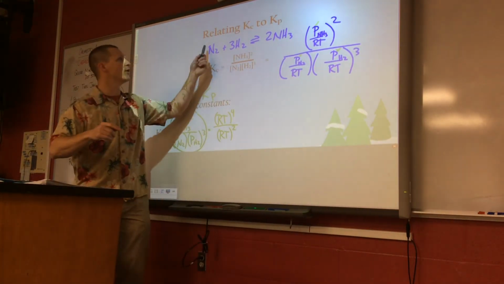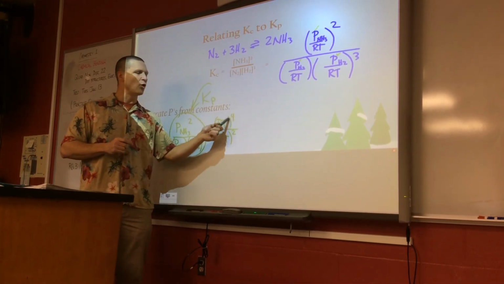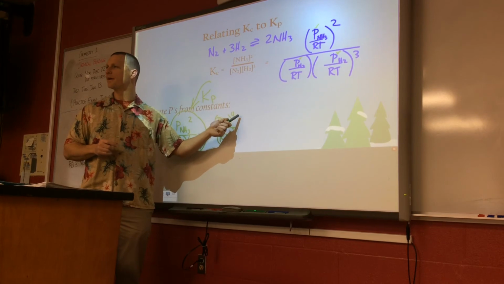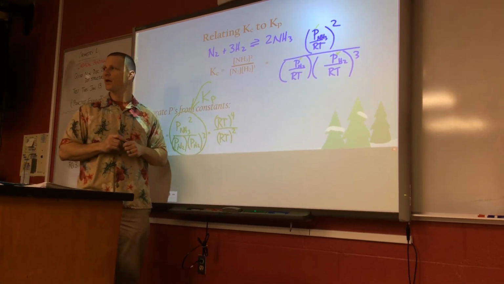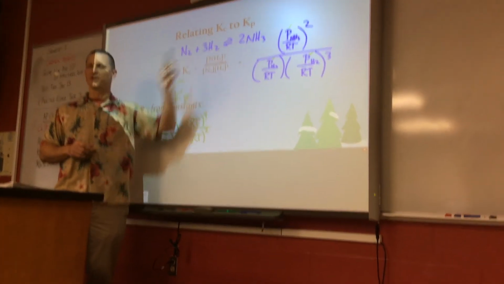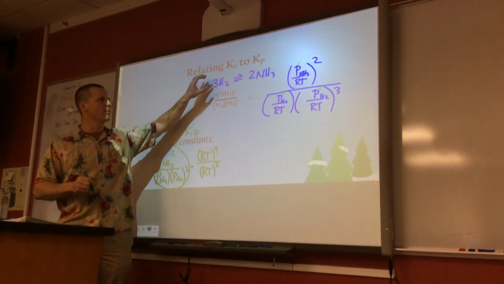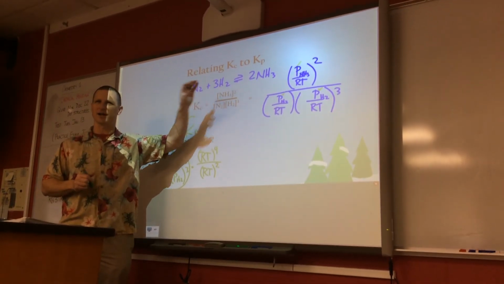Yes? And those are the coefficients from the equation. What does the 4 signify? The number of the coefficients of the reactants, 1 and 3 makes the 4. The 2 is the coefficients of the products. So really, we're going to have RT to the 4 minus 2. It's the reactants minus the products.